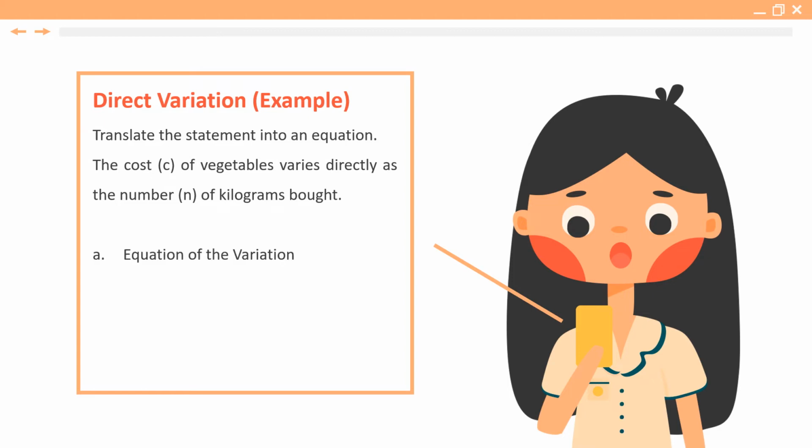Varies directly, so you just put an equal sign, which would give us C is equal to KN. So never forget your K. So cost varies directly to the number of kilograms. So that's the technique. Usually the varies directly is just your equal sign.